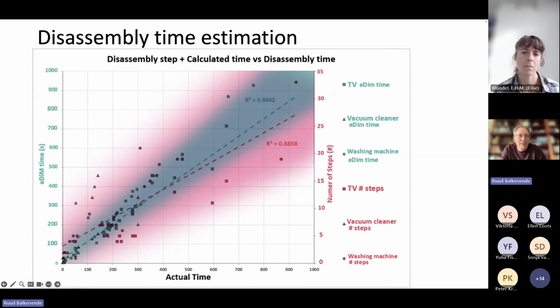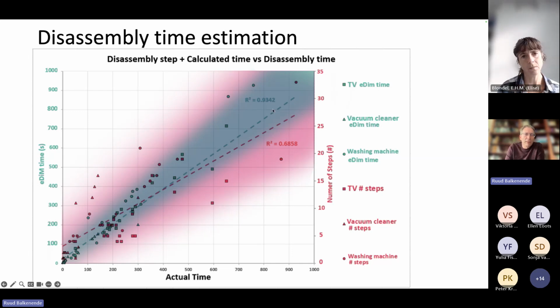And then you see that on the horizontal axis, you can see the actual time. The vertical axis depicts the time based on the proxy timings and purely the disassembly map. And what you then see is that the method based on proxy times indeed gives a far better estimate.